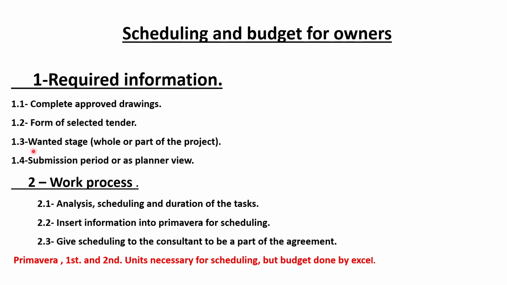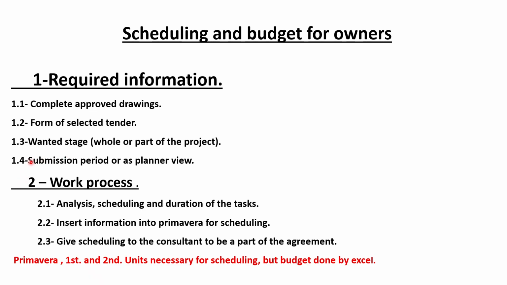The third information is the wanted stage, whole or part of the project. He wants to execute part or the whole, in one go to finish his project.